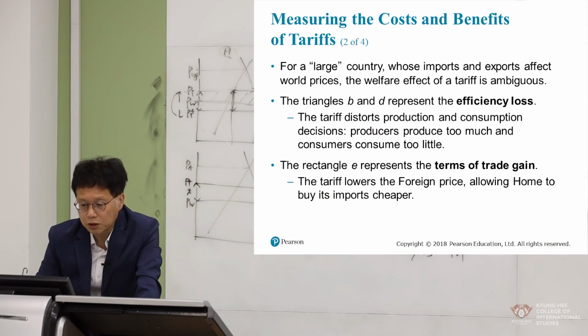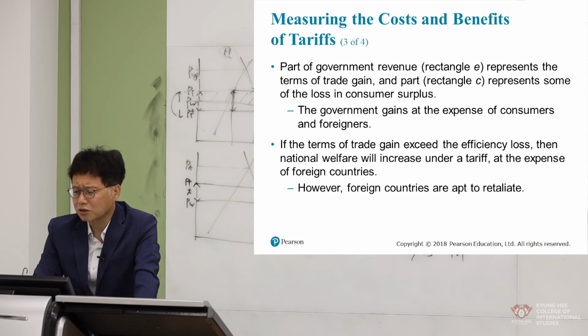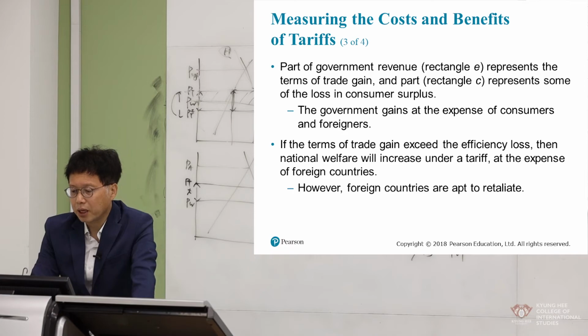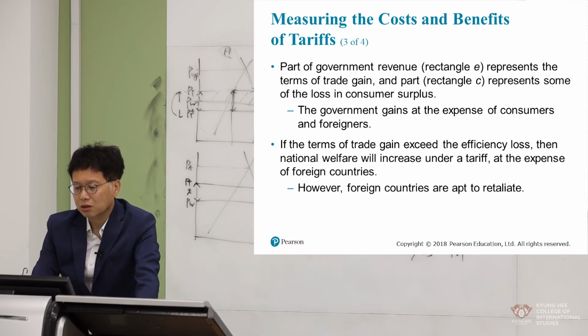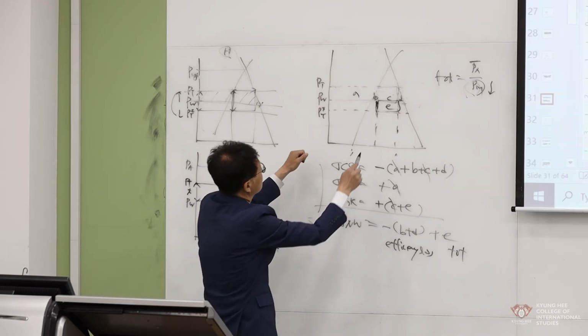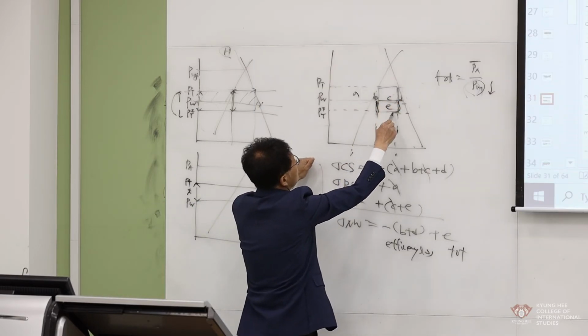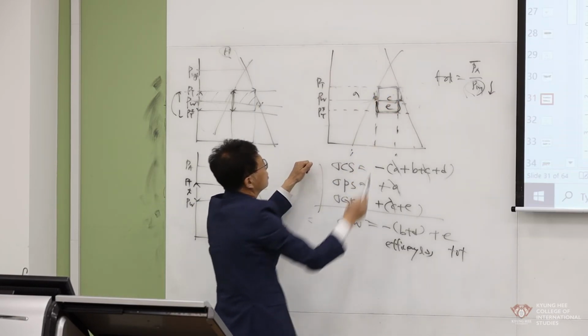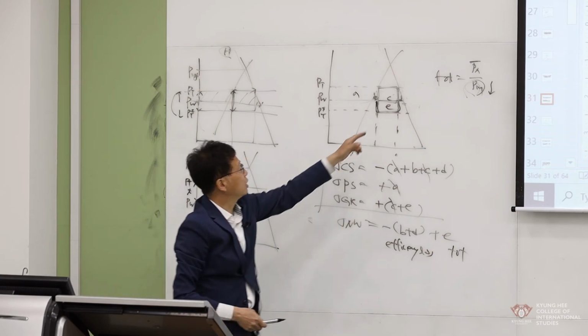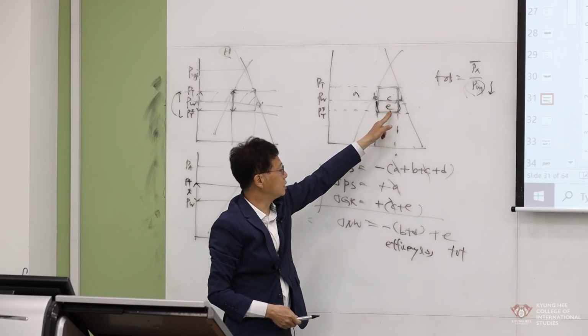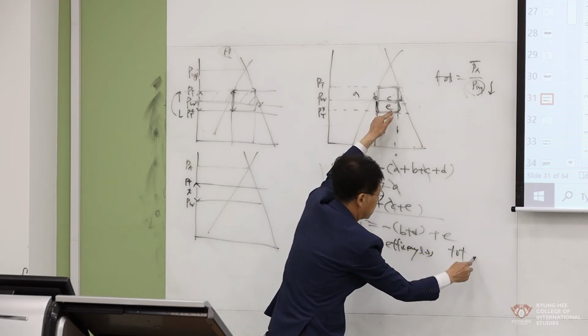Slide number 31. Part of government revenue, rectangle E, represents the terms of trade gain, and part, rectangle C, represents some of the loss in consumer surplus, right? So government revenue is tariff collection, or government revenue is C plus E. As I said before, area E is the terms of trade gain.